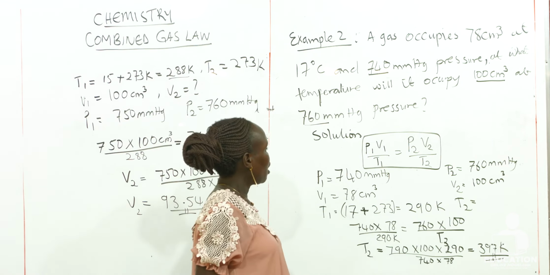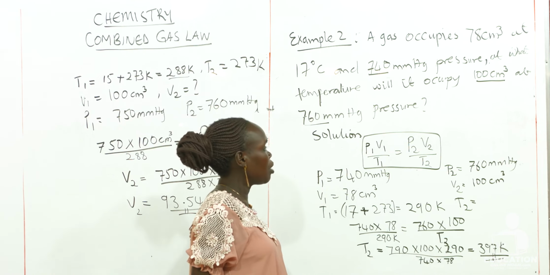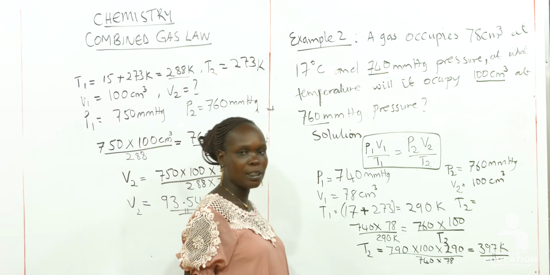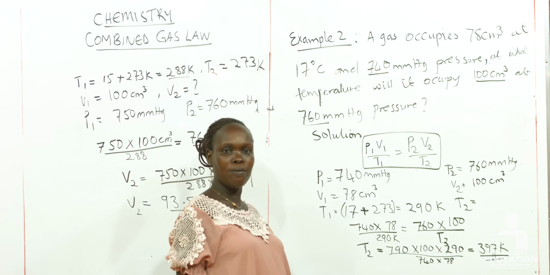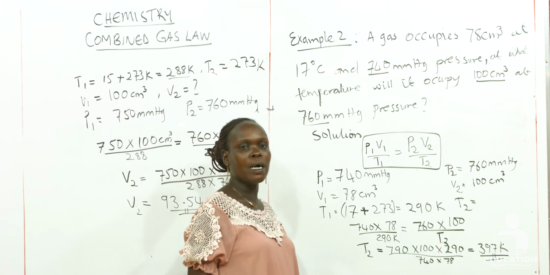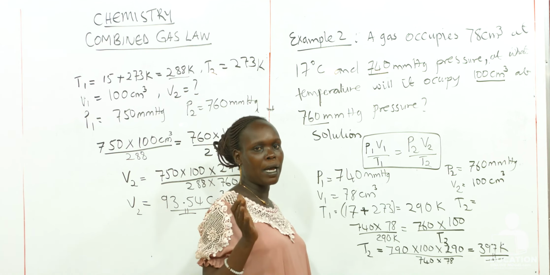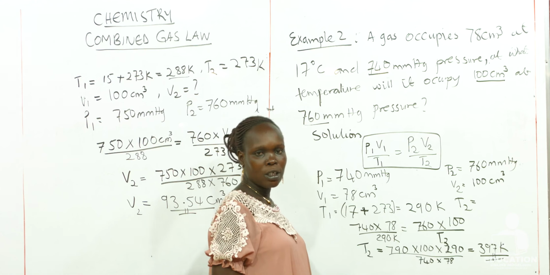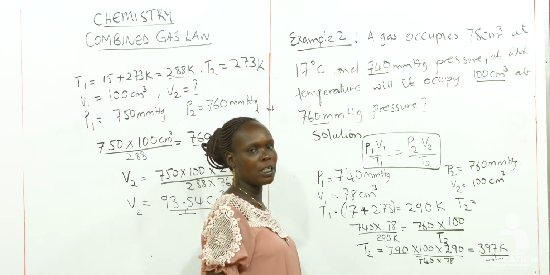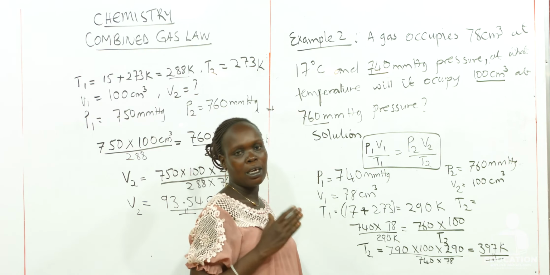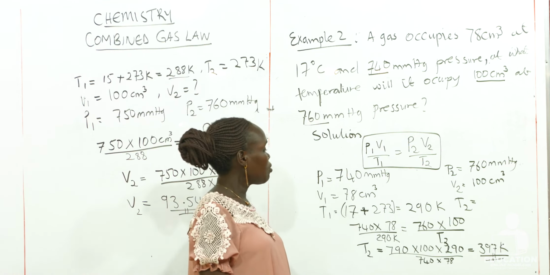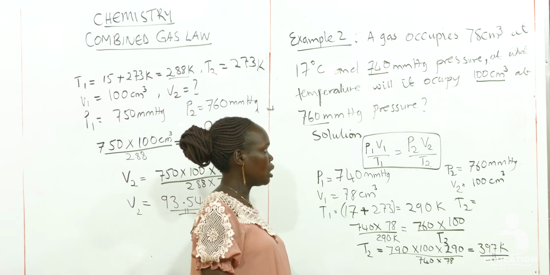So we shall go ahead and put down the formula. In this case, we have all three items: the pressure, the temperature, and the volume indicated. So you go back and remember that this is the combined gas law. It is not Charles law alone, or Boyle's law alone, but it is the combined Charles and Boyle's law. So we calculate it out and we get what is required.